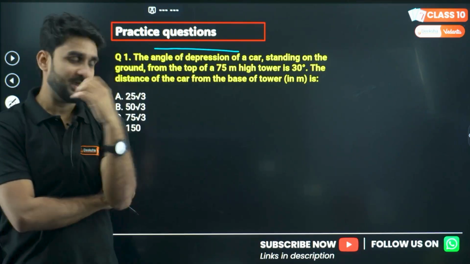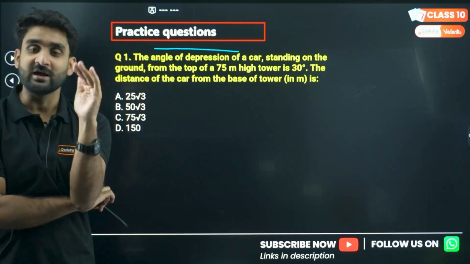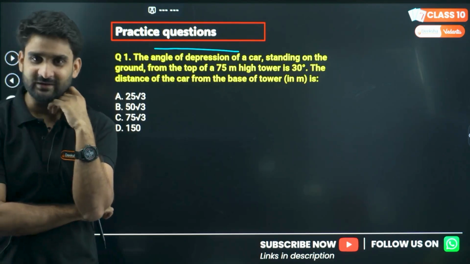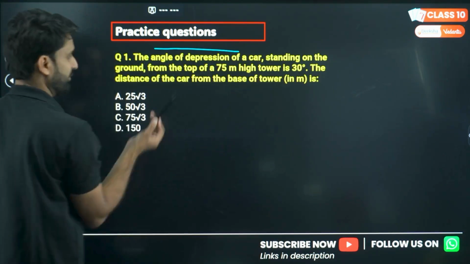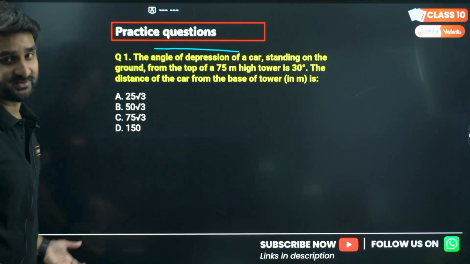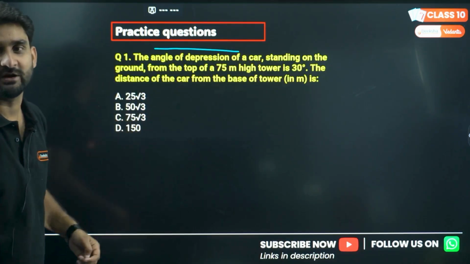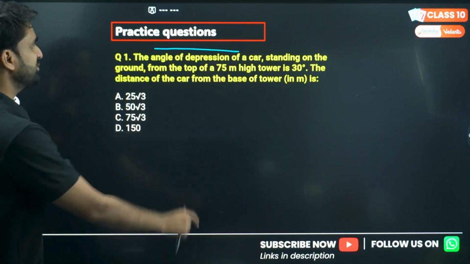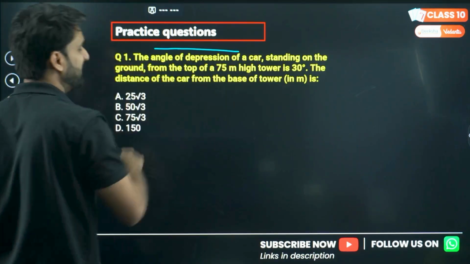And a car cannot fly, so the car will be on the ground. Standing on the ground from the top of a 75-meter high tower. So there is a tower, a building of height 75 meters, whose angle is 30 degrees. The distance of the car from the base of the tower.